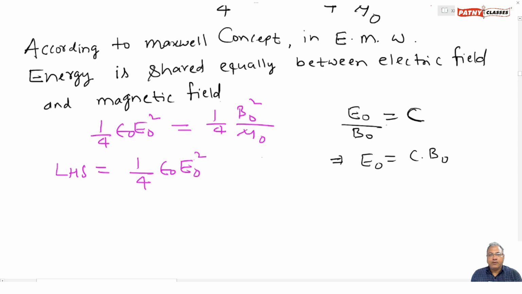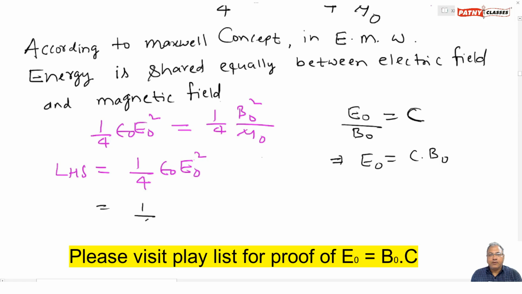We already proved this equation in our earlier video, that the ratio of E naught and B naught equals the velocity of light. Therefore, in place of E naught in 1 upon 4 epsilon E naught square, we are going to write C multiplied by B naught, whole square.